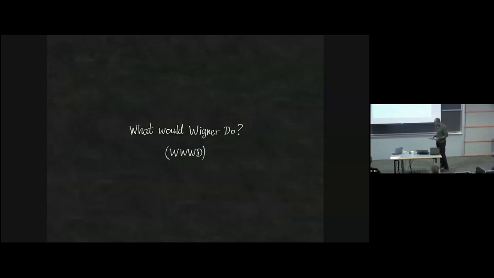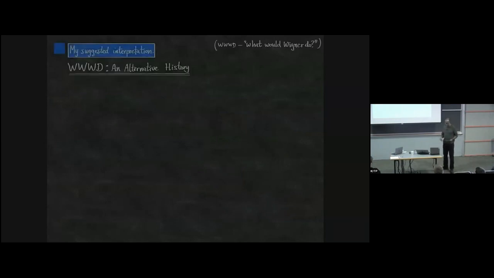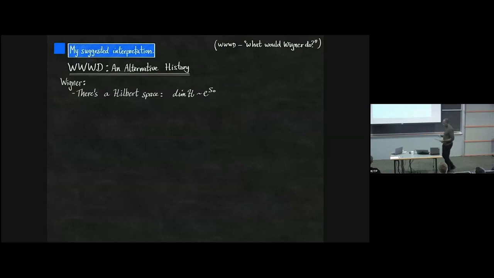So, the picture I usually have, and I wasn't going to show this slide in view of time, but I'm going to flash it anyway, is we could have done an alternative history to arrive here. We know about Bekenstein-Hawking.